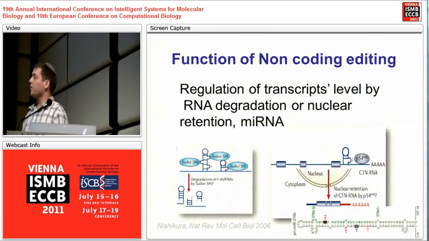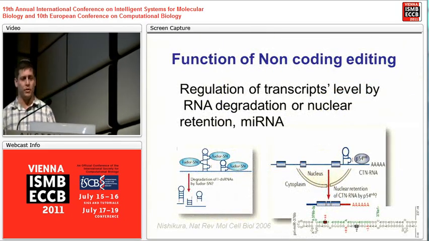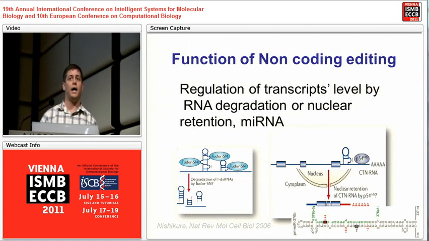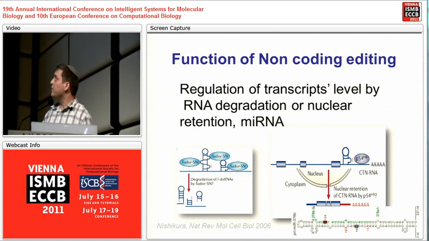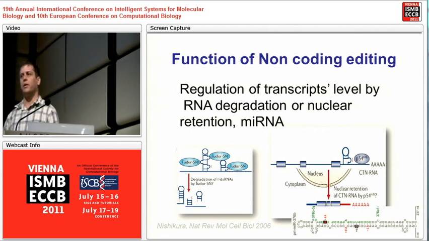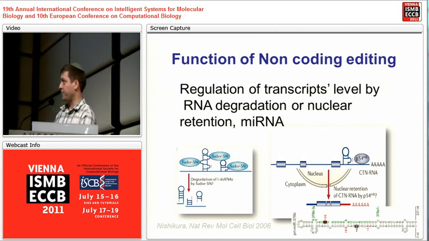The role of editing in non-coding regions, because editing takes place mostly in Alu repeats in human, is now starting to be revealed, and there are several mechanisms that control RNA regulation via binding to inosines.